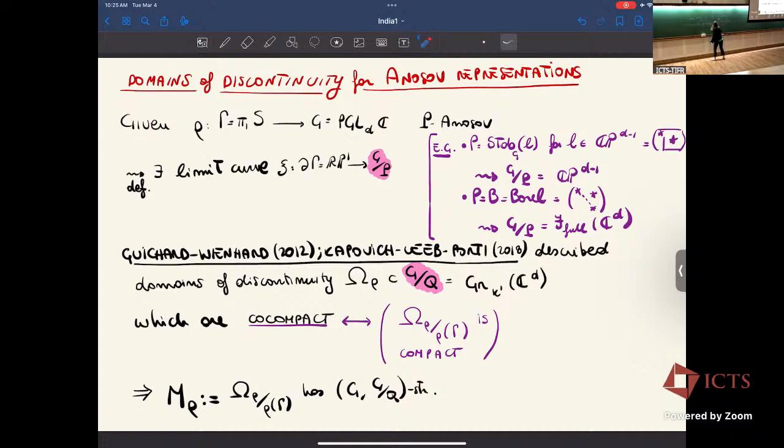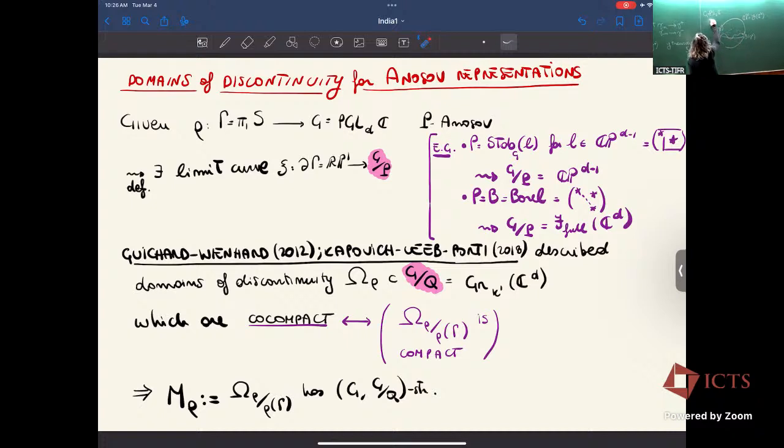When G is SL2(C), we have the boundary CP1, which you can think of as flags in C2, or even isotropic flags.